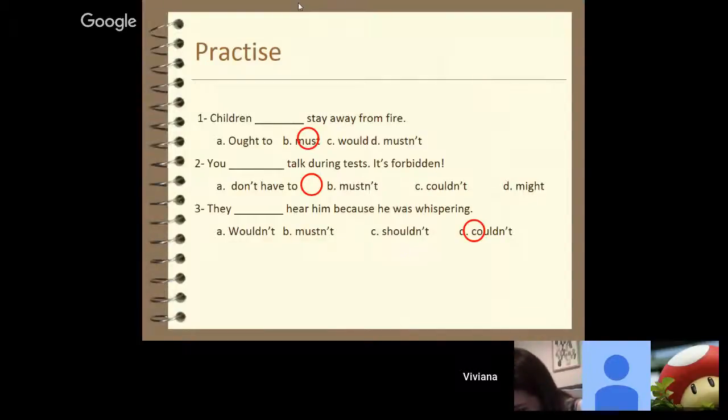But for the next class, I will do it because ought to is, as you say, an old one, and we don't use it anymore. That's why I didn't pay much attention to that one. But probably it was my mistake, and I just ask sorry for that.